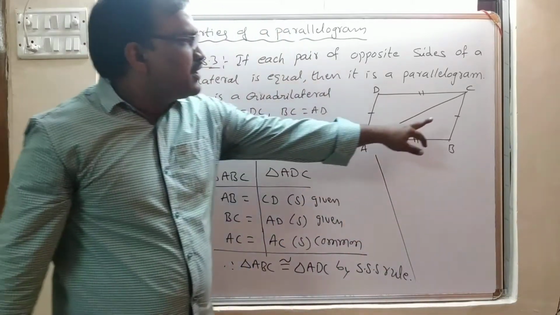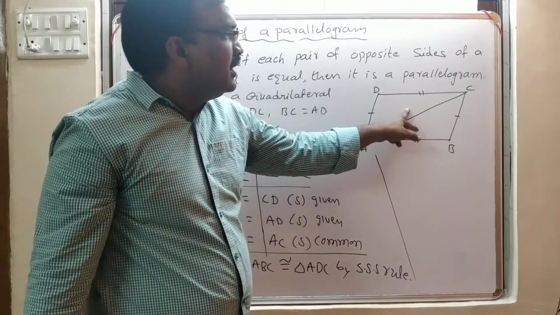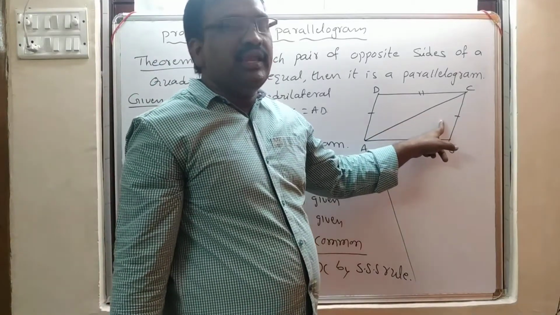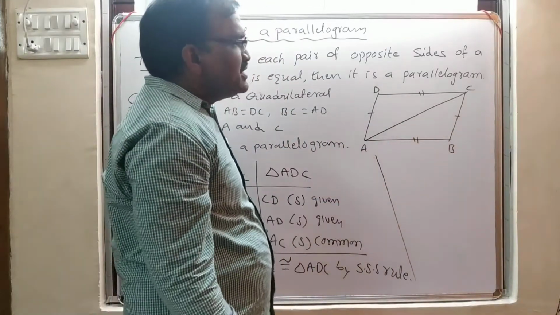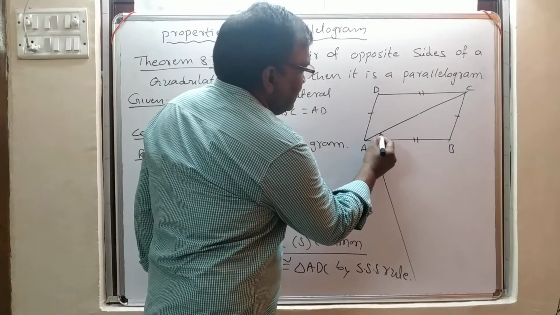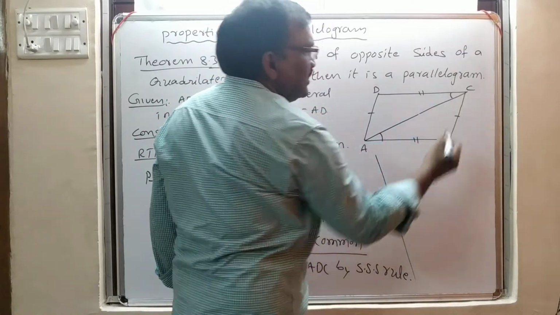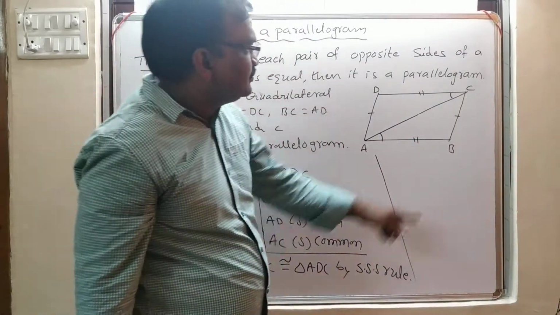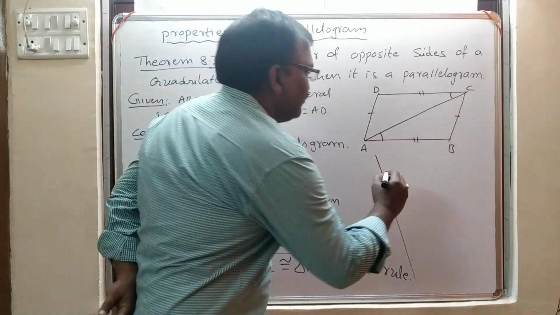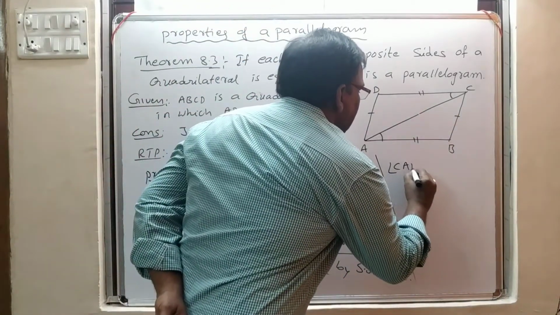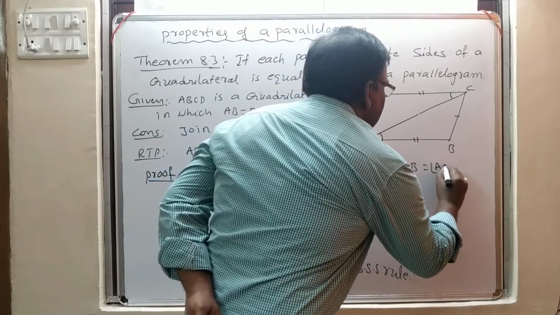Once the triangles are congruent, their corresponding parts are equal. Corresponding sides are equal, corresponding angles are equal. Observe the angles, this angle and this angle. These two angles are equal. So angle CAB is equal to angle ACD.